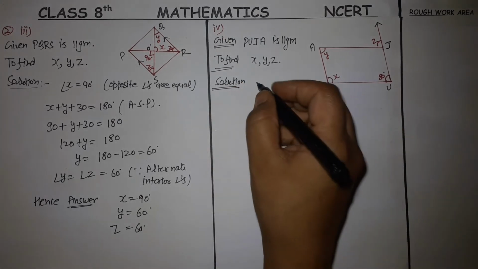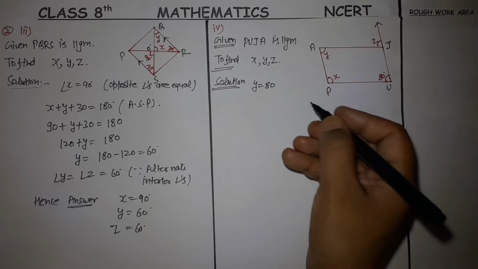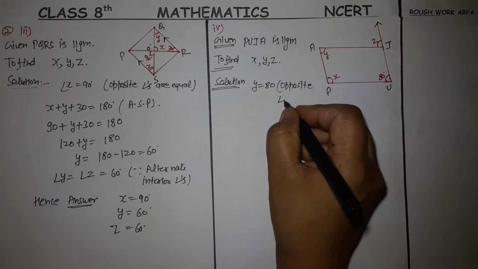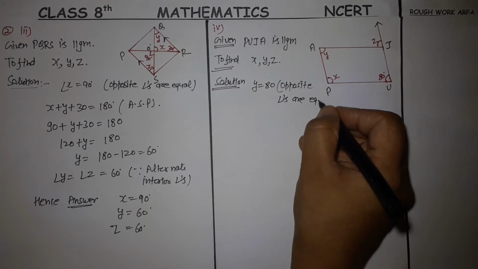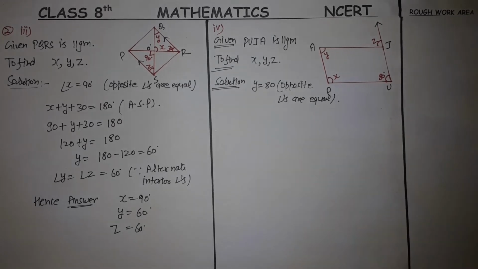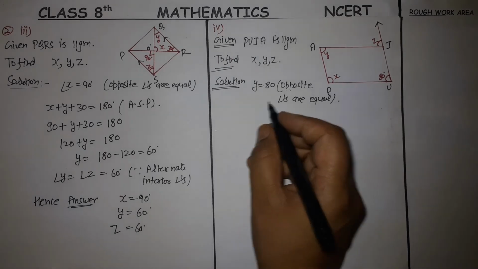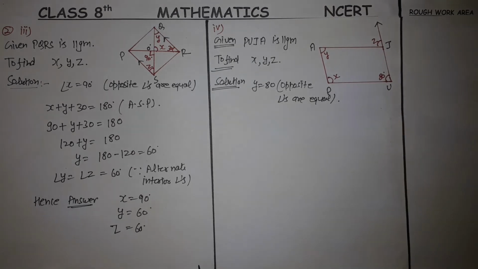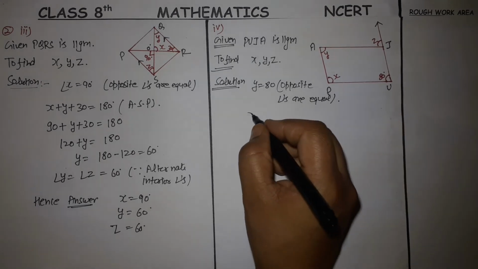Angle Y equals 100. Reason, opposite angles are equal in a parallelogram. Next, angle X plus 80 equals 180.